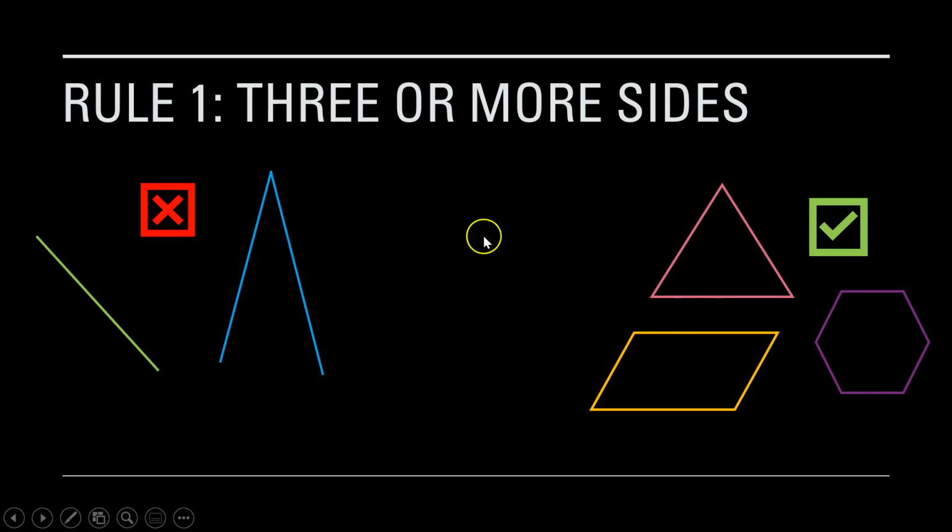Each of these shapes have 3 or more sides, so they get a check mark for being a polygon. Shapes that have 1 or 2 sides are not going to be a polygon because they have less than 3.